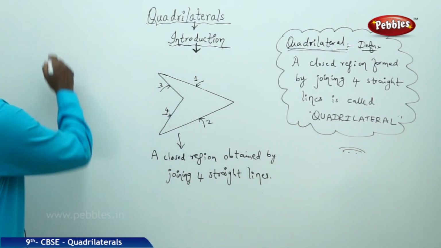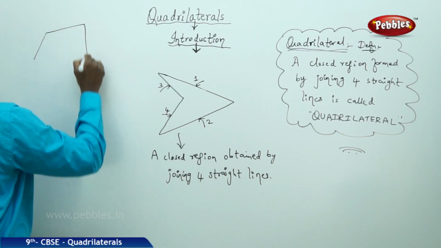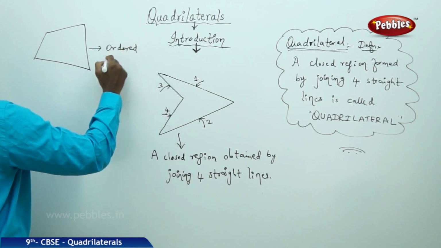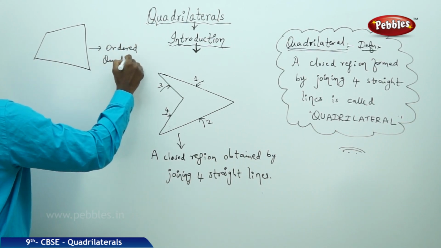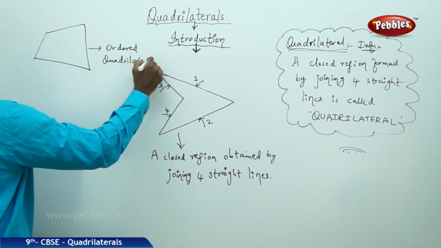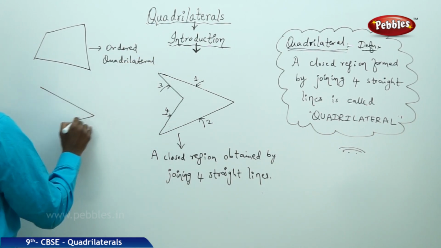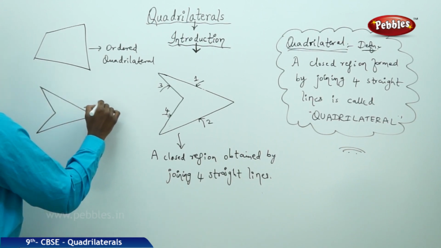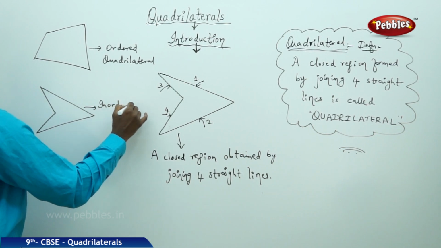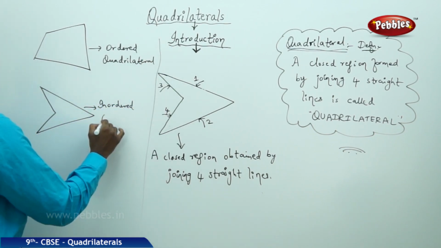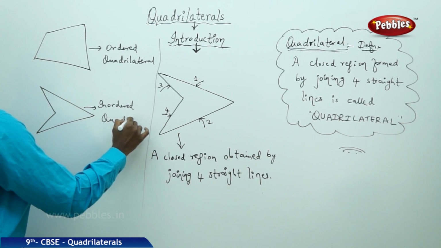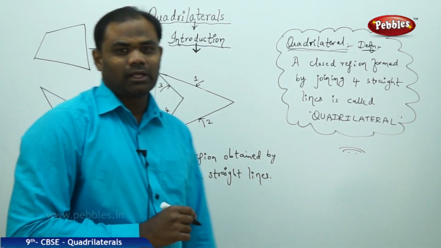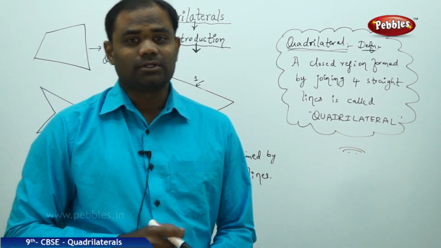We have quadrilaterals of two types. A quadrilateral of this form is called an ordered quadrilateral, and a quadrilateral of this form is called an unordered quadrilateral. Therefore, a quadrilateral can be understood in two types.